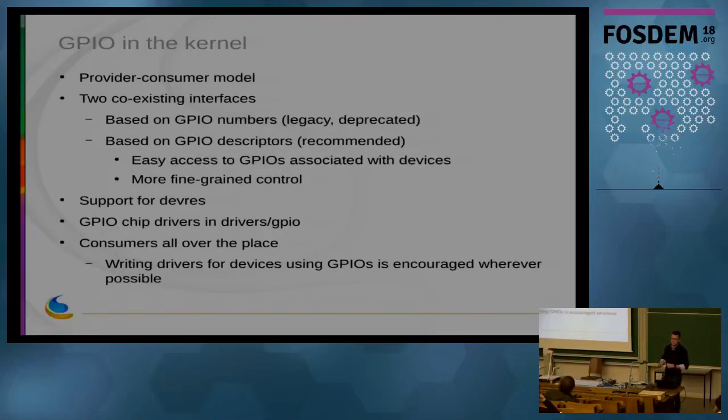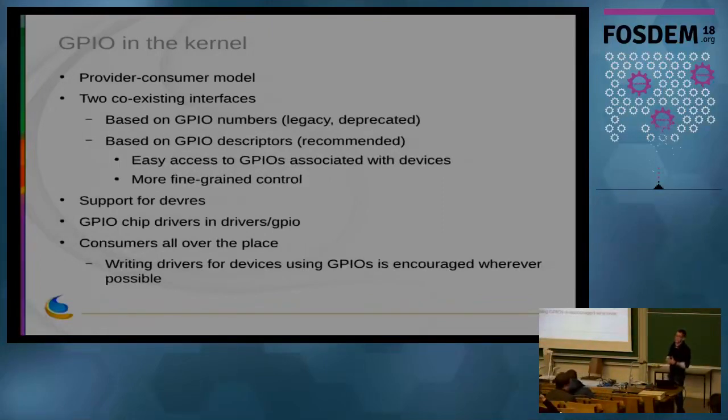So if you want to write a driver that uses GPIO, you need to use the new, more recent framework, which allows you to assign GPIO lines to devices, and then in your drivers you can get access to them and use them. This new framework also allows more fine-grained control over GPIO lines. And both these frameworks support device resource management.